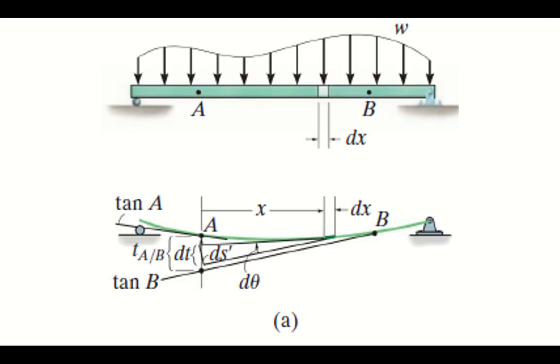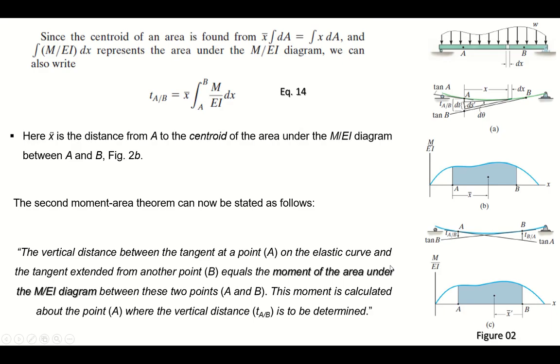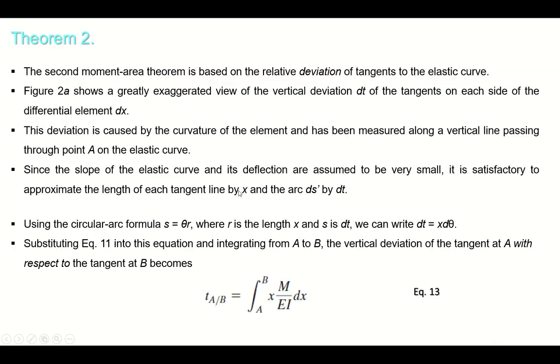So similarly, when you draw one tangent at this end of the dx, it is like this, and the other tangent when you draw at the far end, it will be like this, and the angle between these two tangents will be d theta, and the length of the arc will be equal to ds prime, and its vertical component will be dt.